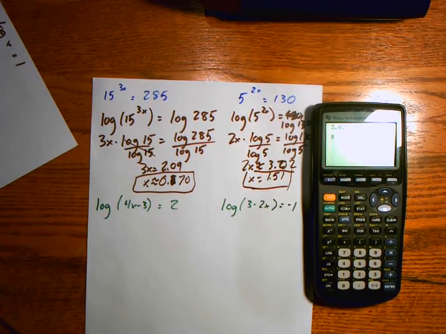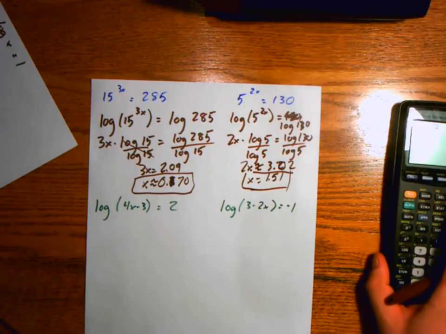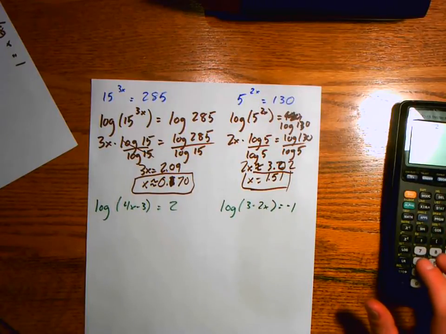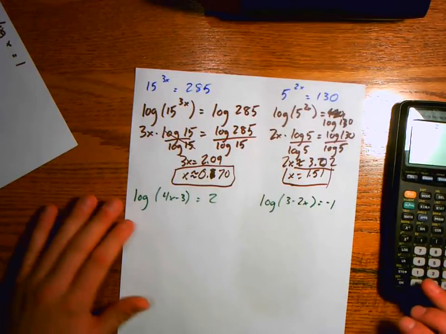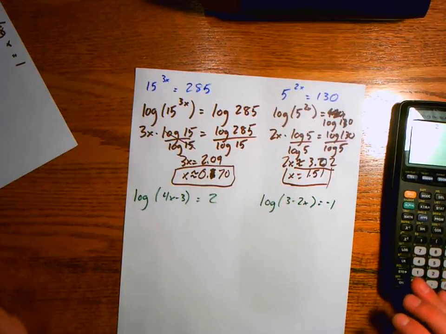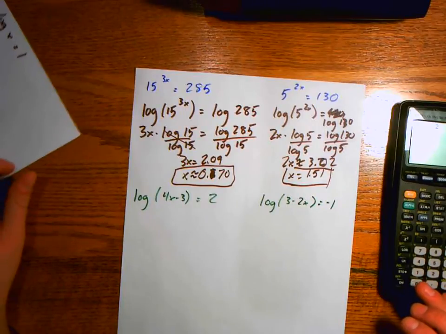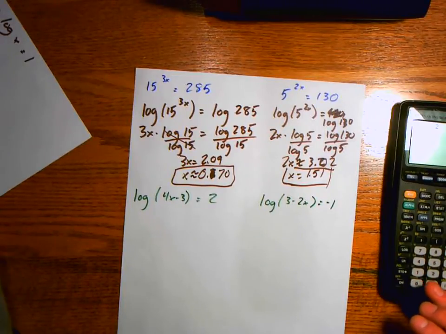Alright? Now, looking at the same types of problems, but instead of setting it up originally in exponential form, you may have one that is set up in logarithm form. And one way you can solve it, that we're going to go over first, is by converting it from logarithmic form into exponential form.